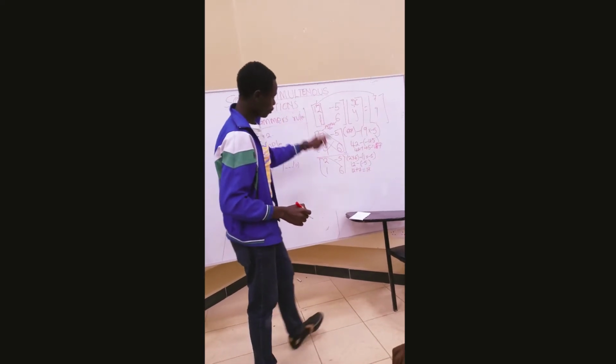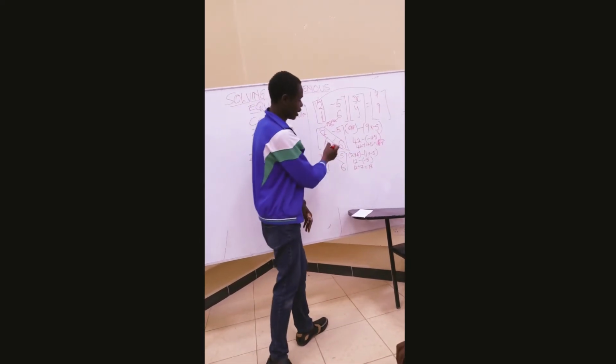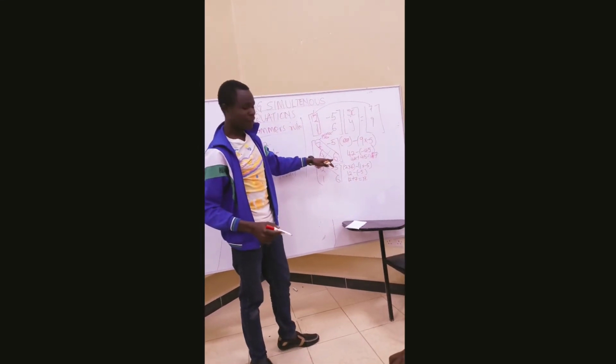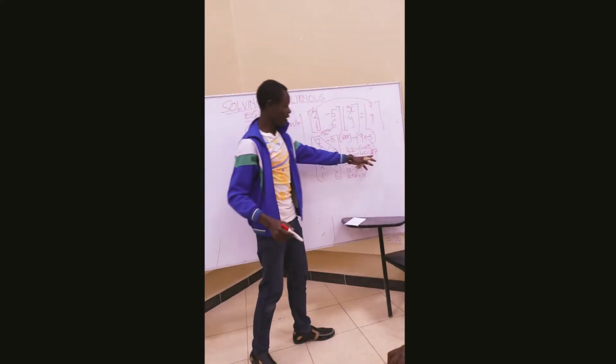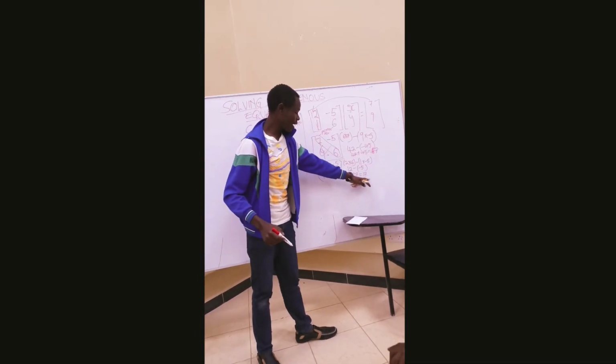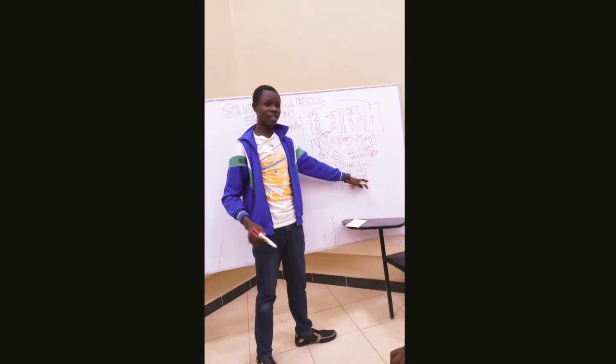So what we are going to do: the matrix in the numerator has given us a determinant of 87, and this one has given us a determinant of 17.